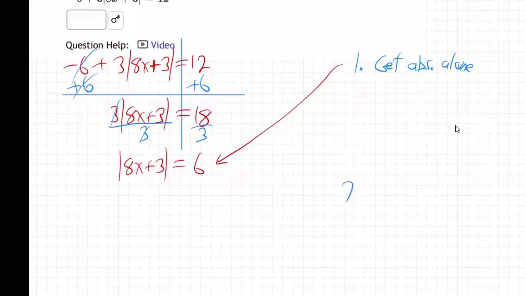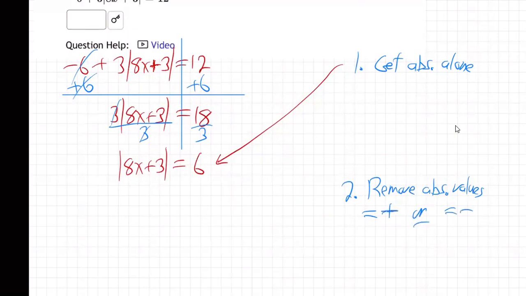And then step number 2 is you remove the absolute values, equal to positive or equal to negative. Right? You do the positive and you do the negative. So I'm going to remove the absolute values.